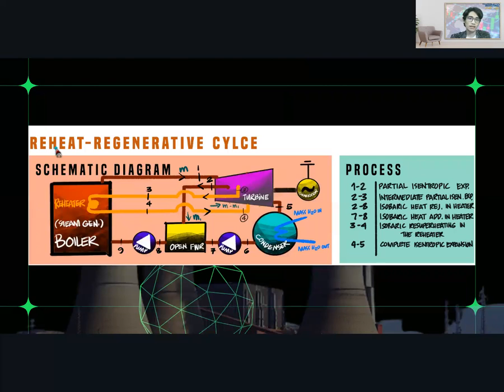So there are many cycles when it comes to steam power plant. One of the cycles is the reheat regenerative cycle. What is the reheat regenerative cycle? The reheat regenerative steam power cycle increases its efficiency by increasing the average temperature of heat reception.